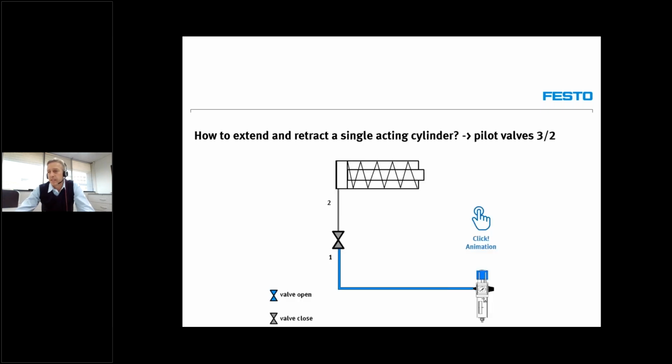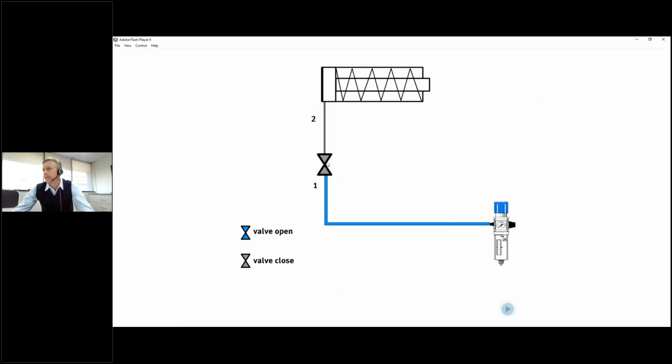Now, the following animation that I will show you will describe the valve that is necessary to operate a single acting cylinder. Okay, if you can see the animation over there, the valve is opened and the air is let into the cylinder. So the piston extends, but to make the piston retract, the valve is closed.